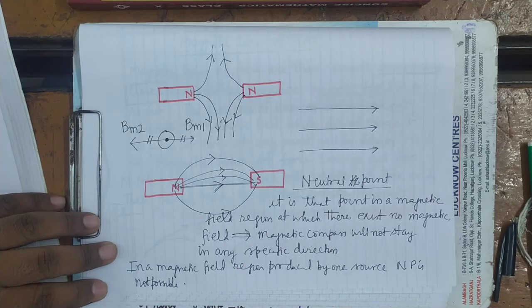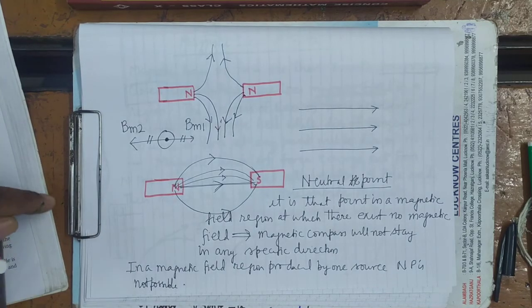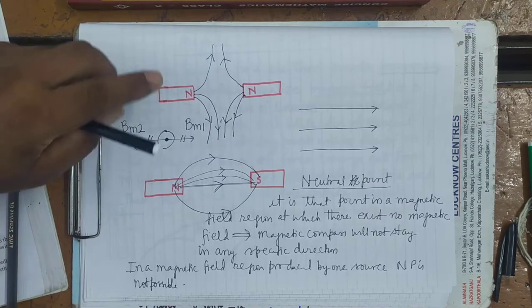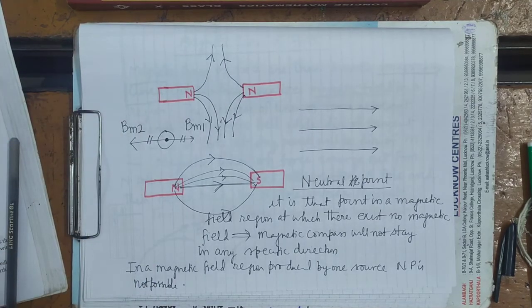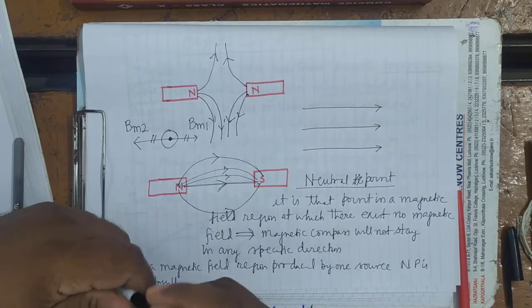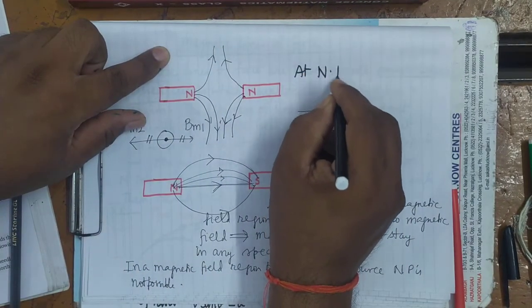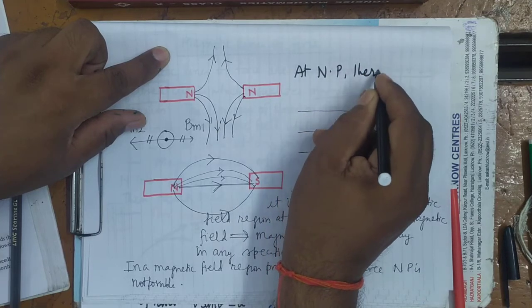It means at neutral points there will be two magnetic fields acting oppositely and equal in magnitude.